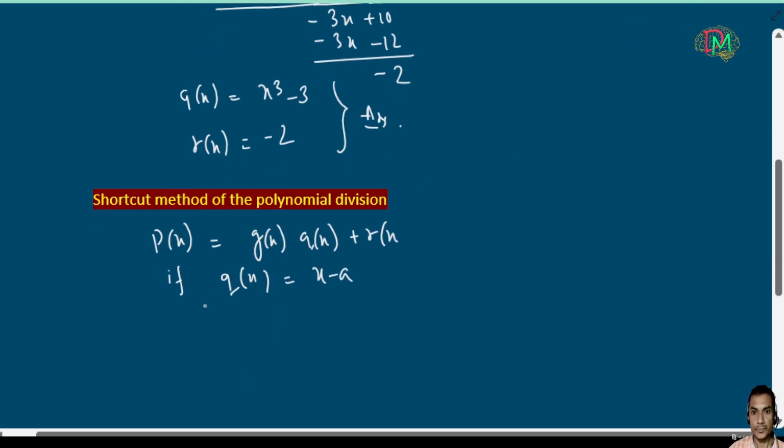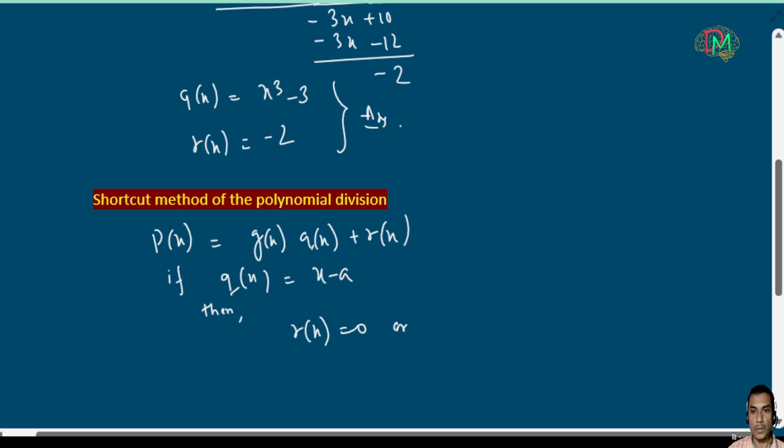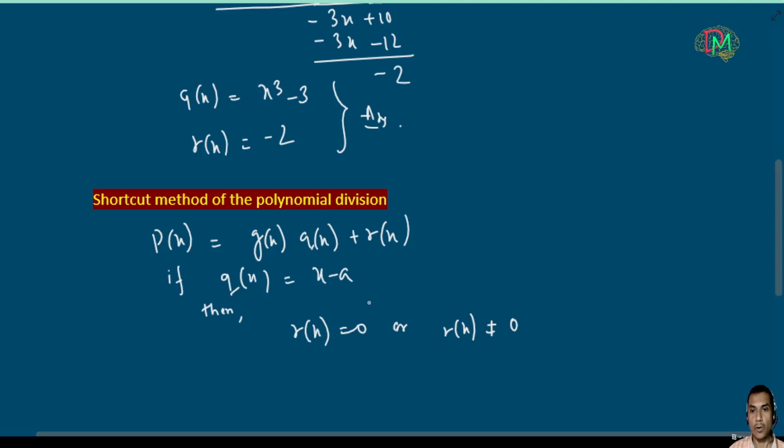Either rx is equal to 0, or rx is not equal to 0. Clear? If it is completely divisible, then there will be no remainder. And if it is not completely divisible, there will be some remainder.